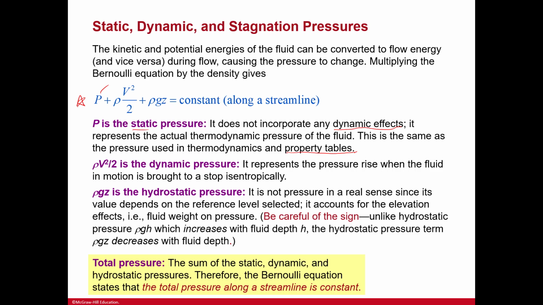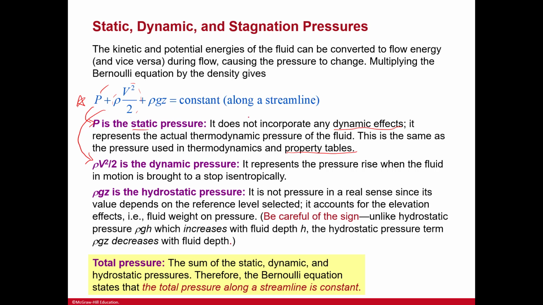So this is where you would get that static pressure. Here's the dynamic pressure. So this portion here. Okay, so let's just draw a little things here. And it represents the pressure rise when the fluid in motion is brought to a stop isentropically.